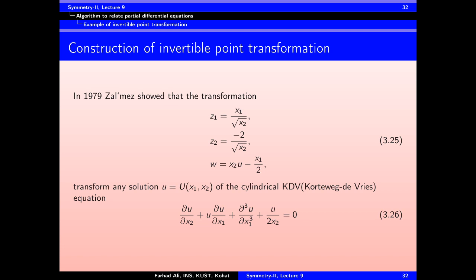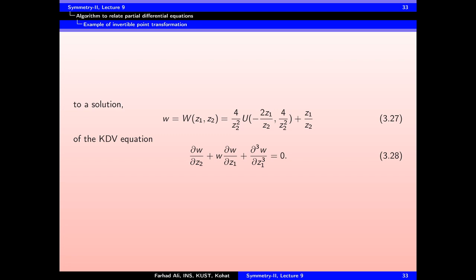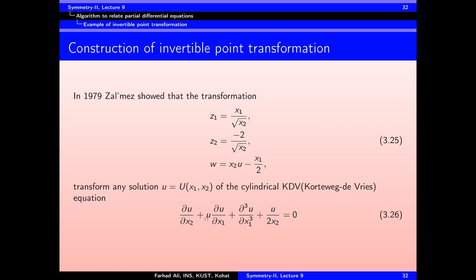Here is an invertible transformation. Let us find this transformation for what? We have the cylindrical KdV equation and the KdV equation. This is the KdV equation and this is the cylindrical KdV equation. I think in this one there is one extra term over here.